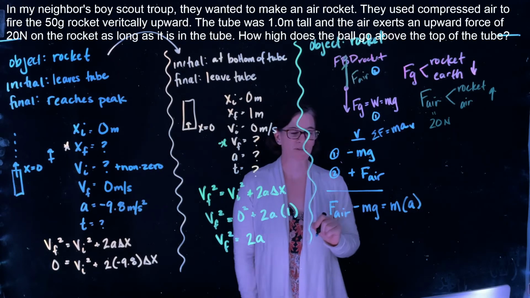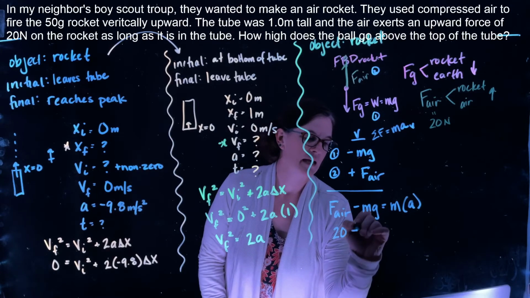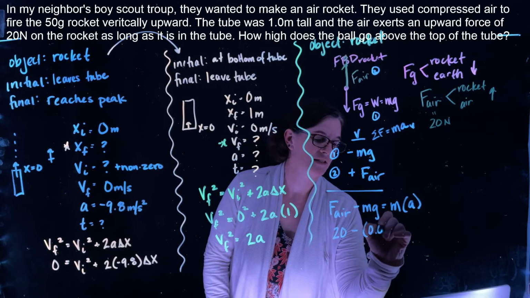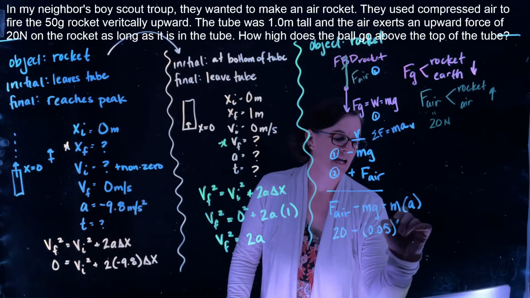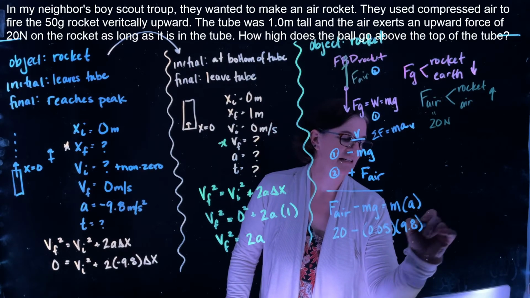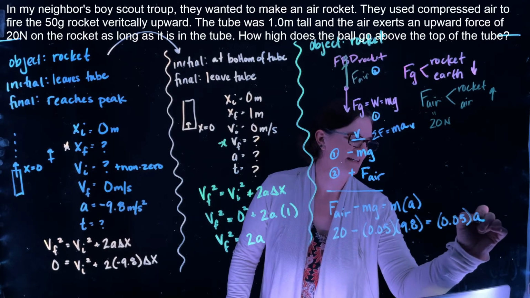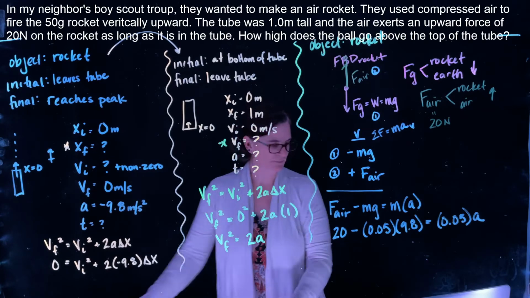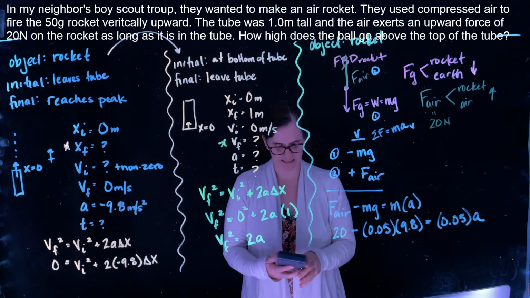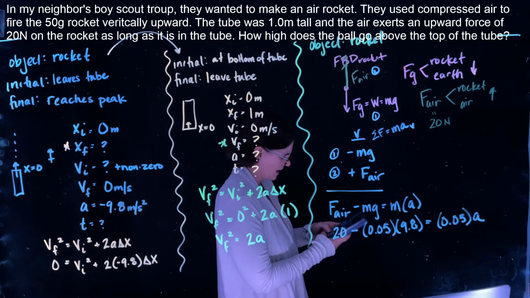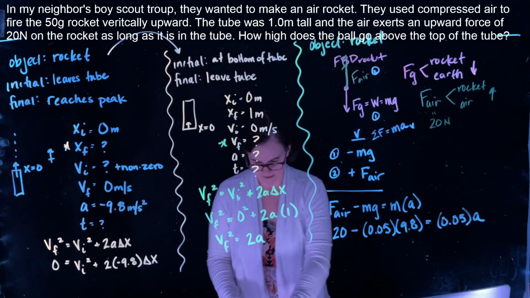And that's what I'm interested in. So we're told the force of the air was 20 newtons. The mass is 50 grams or 0.05 kilograms, times 9.8. And that's going to equal 0.05 kilograms times my acceleration. I could have probably done that in my head.